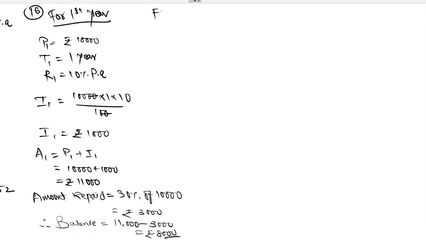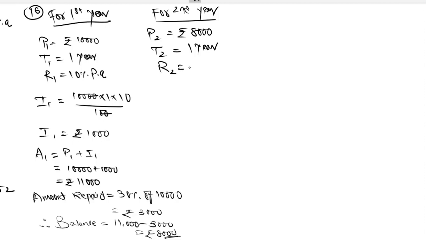So for second year, P2 will be rupees 8,000. T2 is equal to 1 year and R2 is equal to 10% per annum. So I2 is 8,000 into 10 into 1 upon 100.